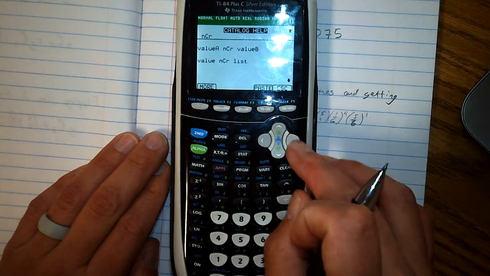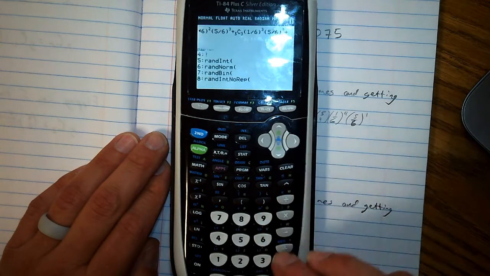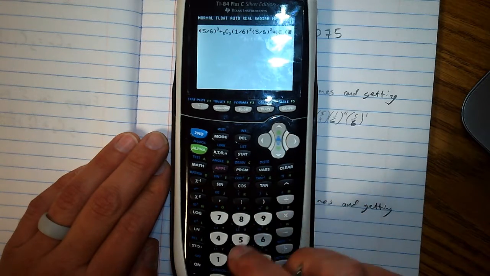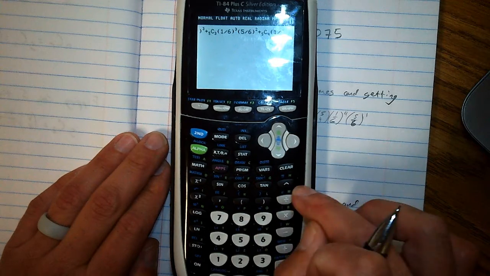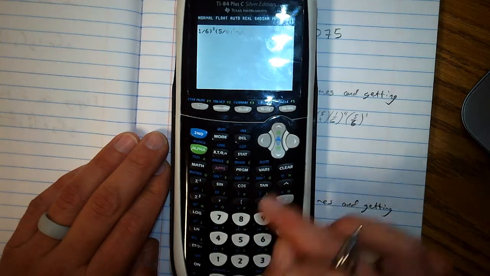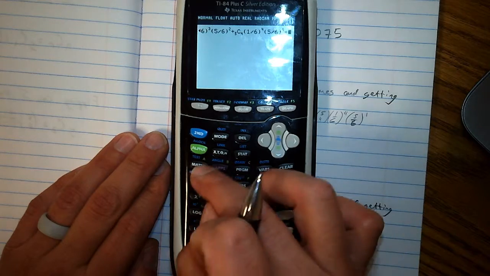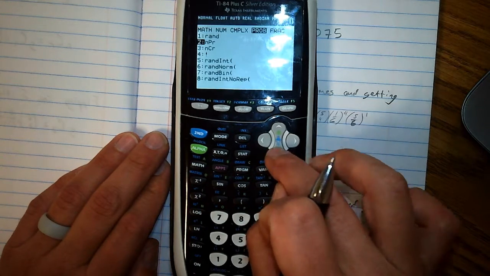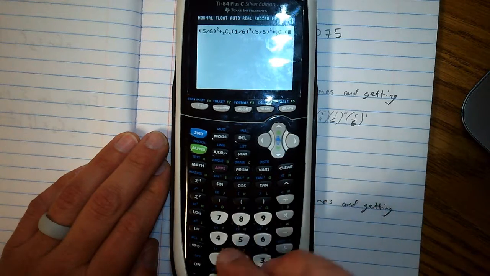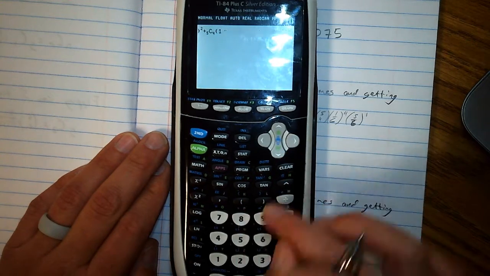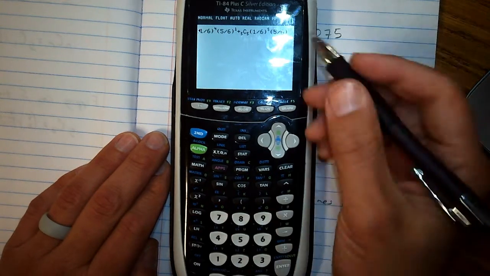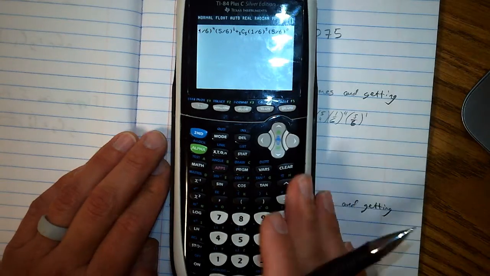Whoops. 5 combination 4, because we got the 6 possibly 4 times, the not 6 1 time. Five combination 5, we got the 6 this time all 5 times, and the not 6 0 times.